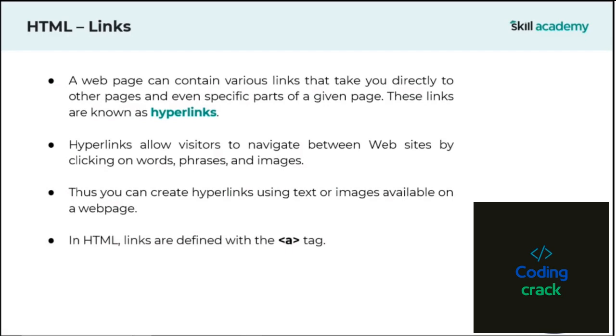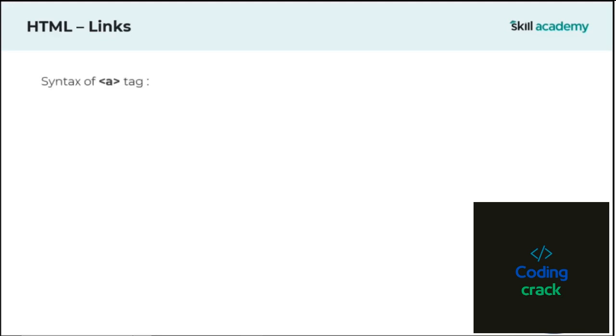And guys, in HTML, links are defined with the anchor tag. So you are going to use this a tag in order to define links in an HTML page. First of all, I would like to show you the syntax of the anchor tag, and then practically we are going to understand how we can use it. First you use a, which stands for anchor tag.